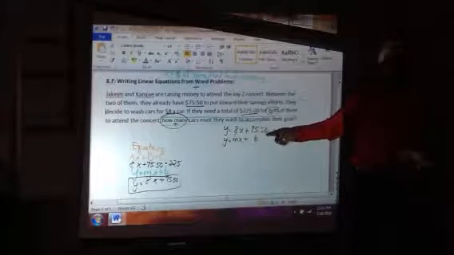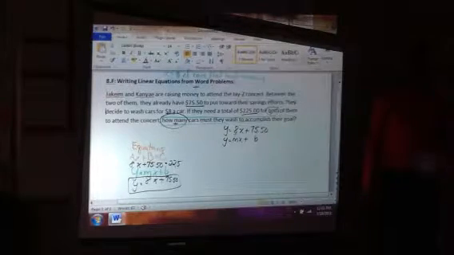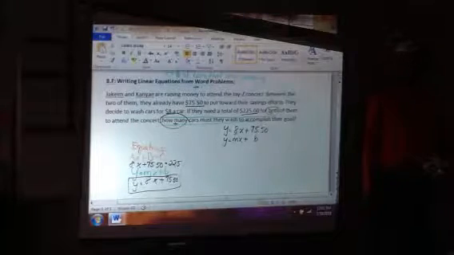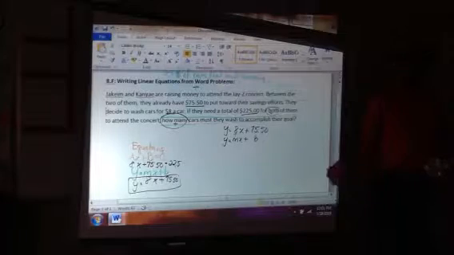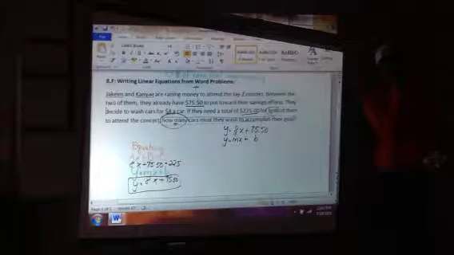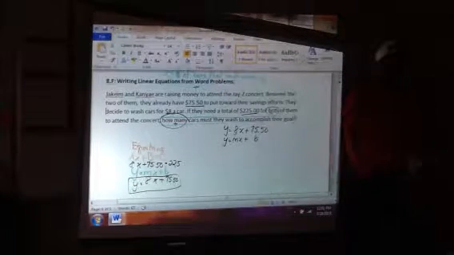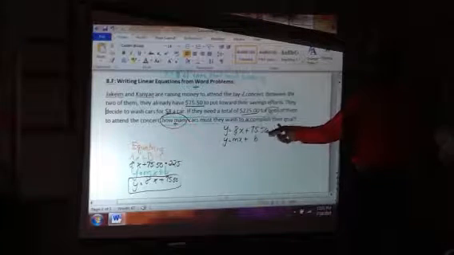Now, if I wanted to graph that, some of you are probably saying, where would I begin? Well, I always start with my b, 75.50, but you're probably thinking, how am I going to chart that on a graph? Your y values won't be whole numbers, and this value will probably fall in between 75 and 76. 75.5.